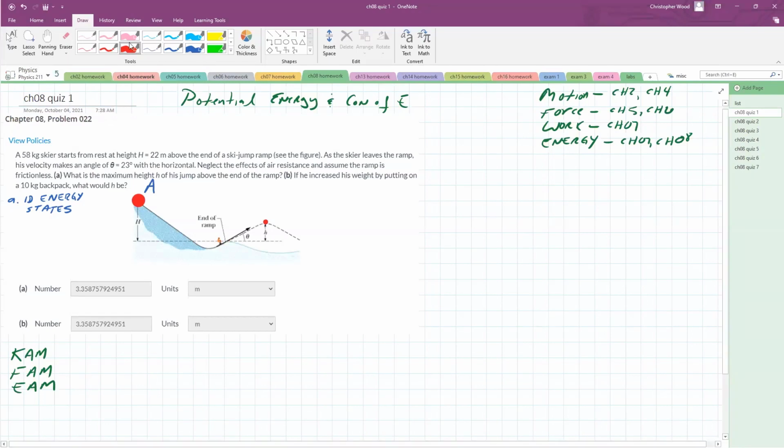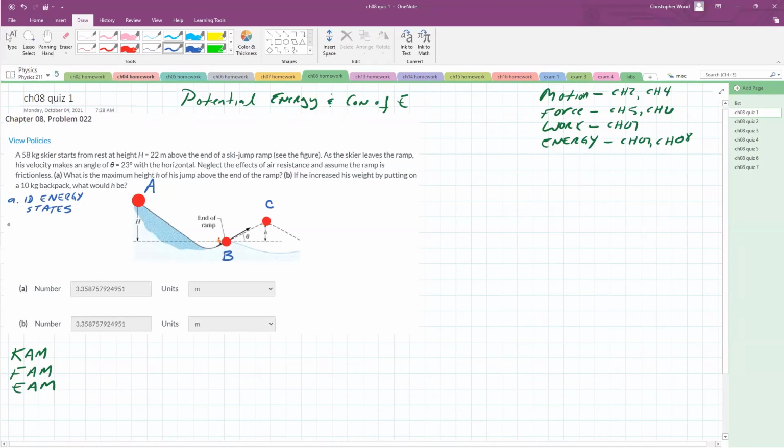So I'm going to call that energy state B. And this seems like yet another natural energy state, the skier at the very top of this trajectory. So I'll call that energy state C. And there might be more. It's always the case, this is my first draft. If I have to adjust this, I will. But you've got to start somewhere. This is draft number one of my energy states.